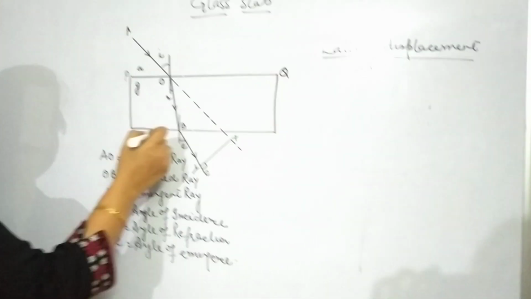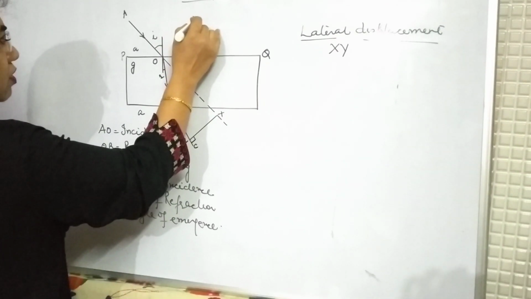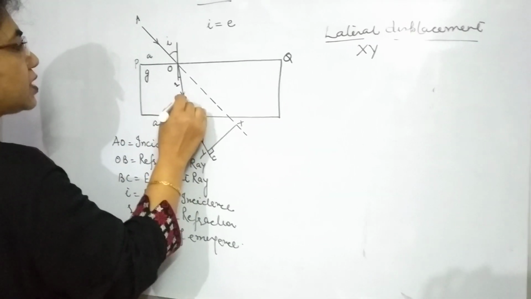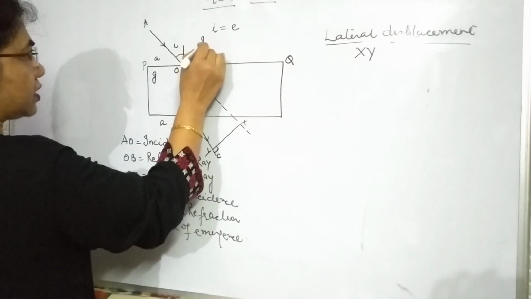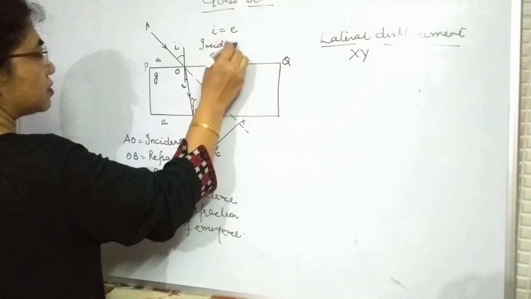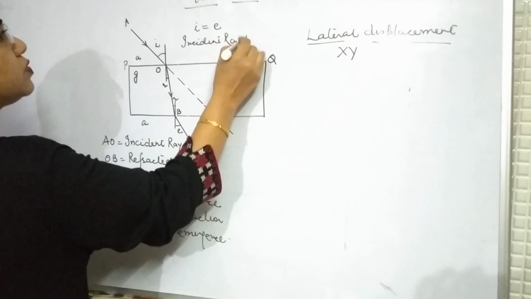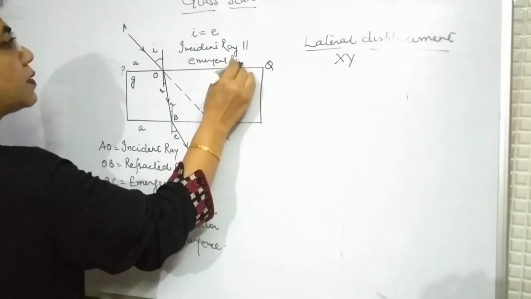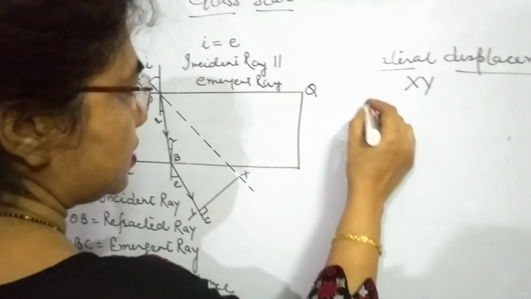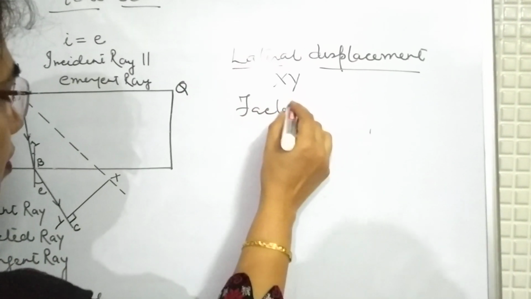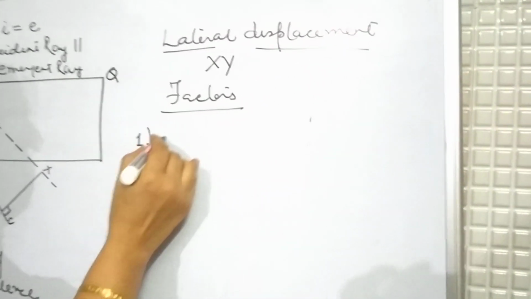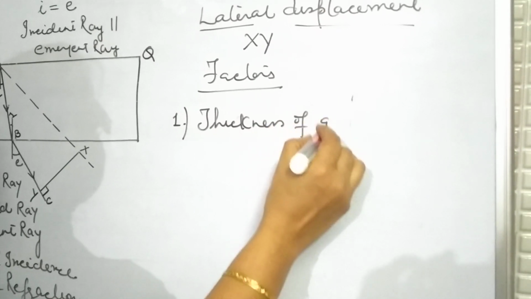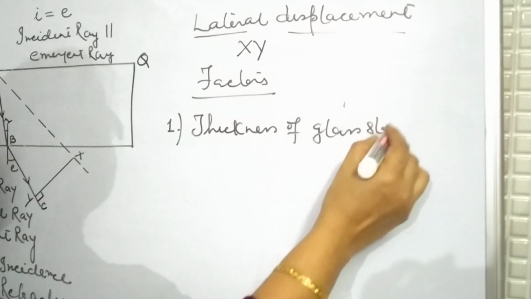And the special case in this slab is that i is always equal to e, the angle of incidence is equal to the angle of emergence, and the incident ray is parallel to the emergent ray. Remember these two important points. Now I will explain the factors of lateral displacement. The first factor is the thickness of the glass slab, directly proportional.